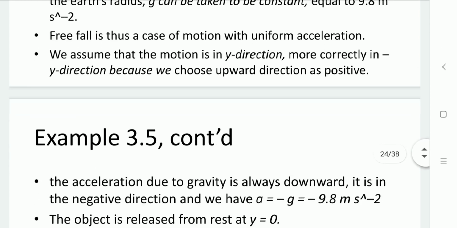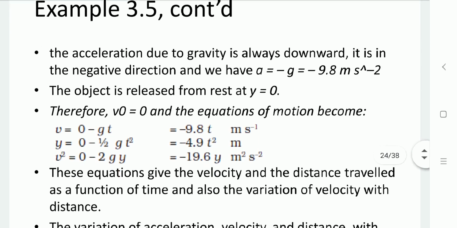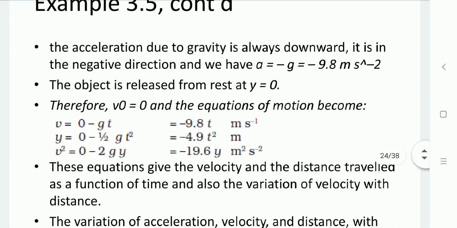Acceleration due to gravity is always directed downward, and that's why it takes the negative sign. So a equals minus g, that is minus 9.8 meter per second square. Here we have just provided a sign convention.